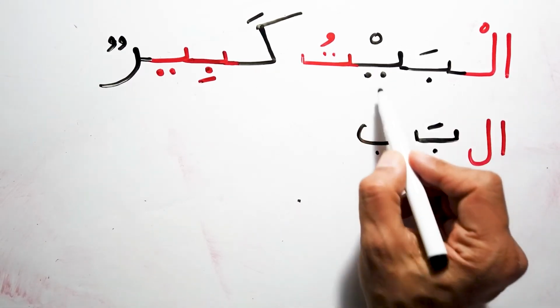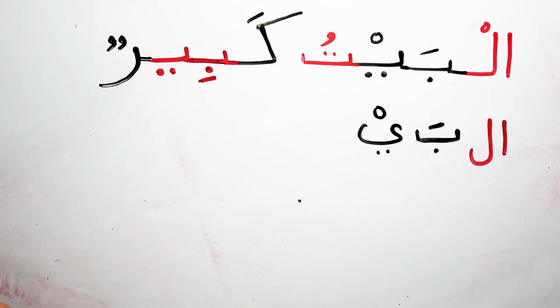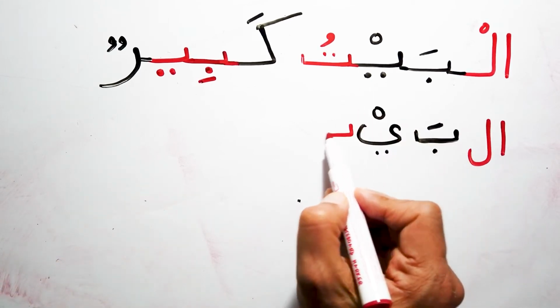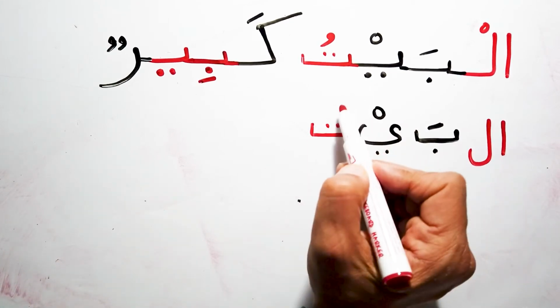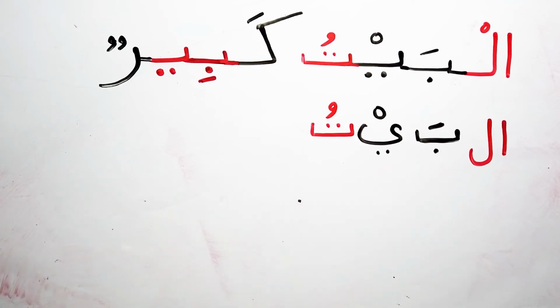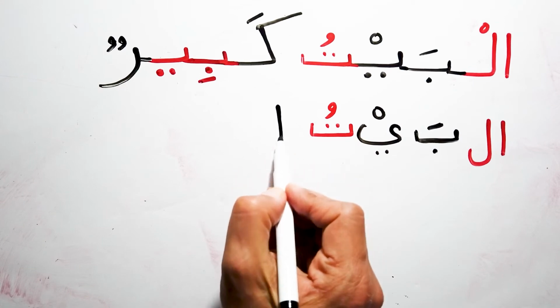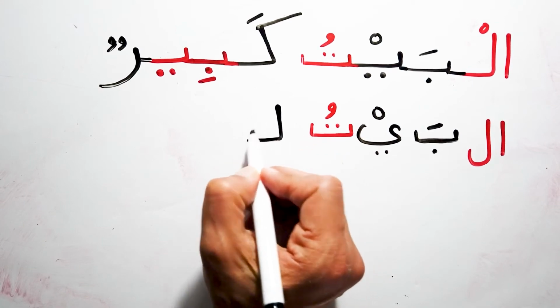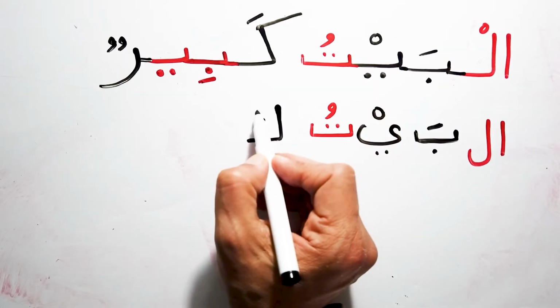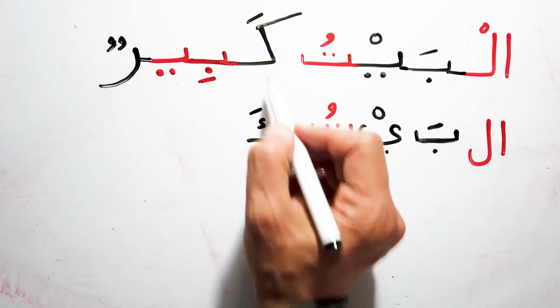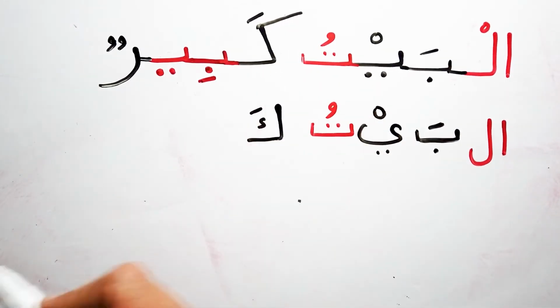And then this is Sukoon. Then we have Ta. Let's add it out of the word with Dhamma. Then we have here K, kaf, like this, with fatha. So how do you see? It's totally different when it's out of the word.